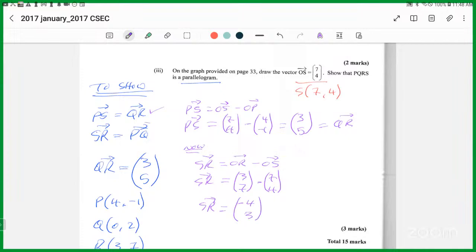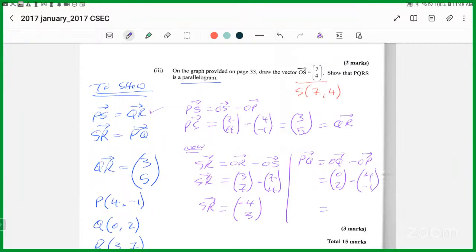Let's record this part now, PQ, beside it. So PQ is OQ minus OP, the last minus the first. The OQ is this one, (0, 2), minus OP, which is (4, -1).